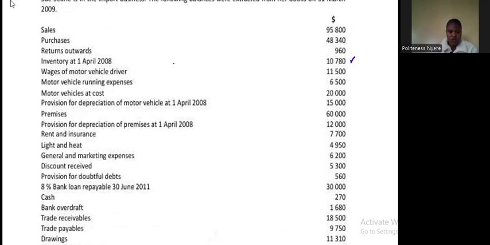So we are going to say we have wages of the motor vehicle driver, which is 11,500, and then we have the motor vehicle expenses. They are supposed to be there. So let's do that.